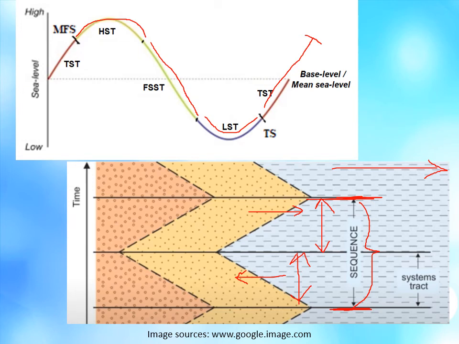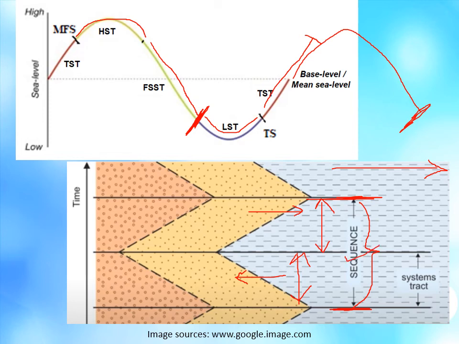That means starting from here, the end of the falling stage system tract, and next when the curve goes on increasing, from here to here, from the end of regression to another end of sea level fall, another end of regression, this entire deposition is known as a sequence.